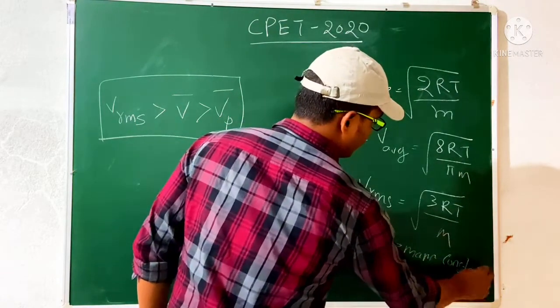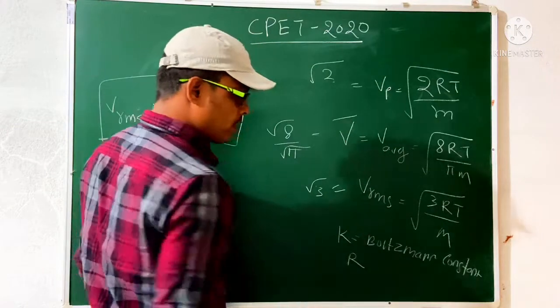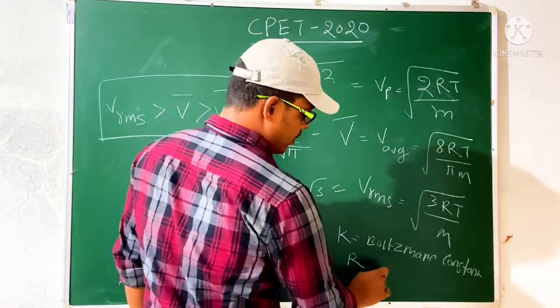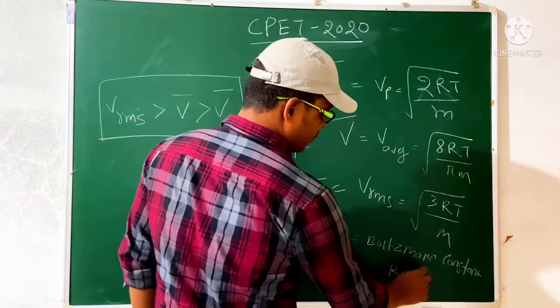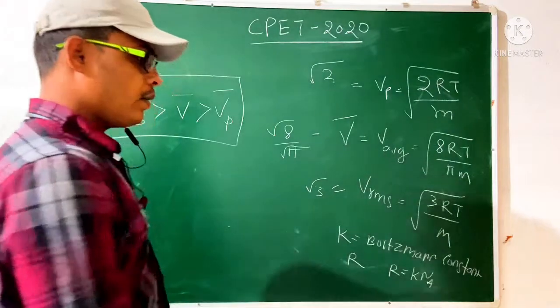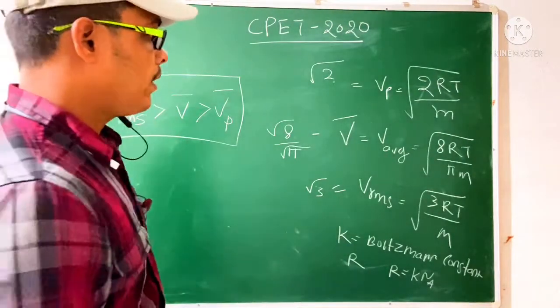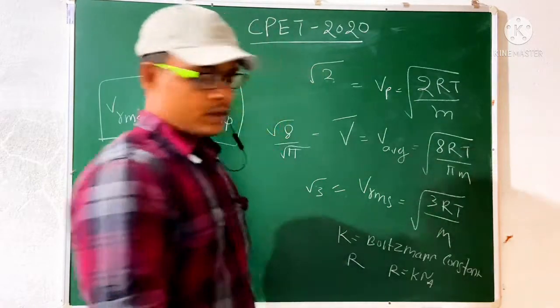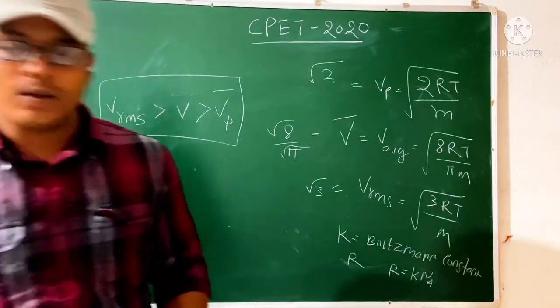R is your universal gas constant, and the relation between them is R equal to k into Na, so k equal to R by Na. That gives you 8.314 joule per kelvin per mole. So this is all about velocity in molecular physics.